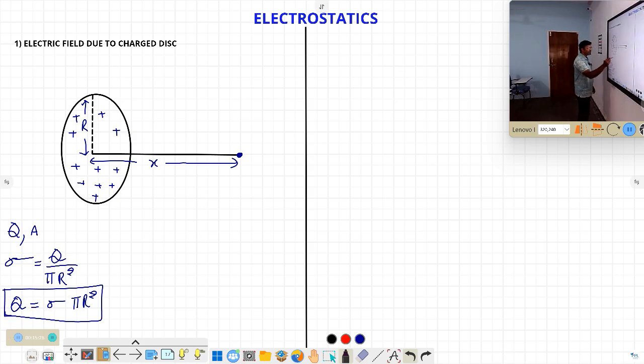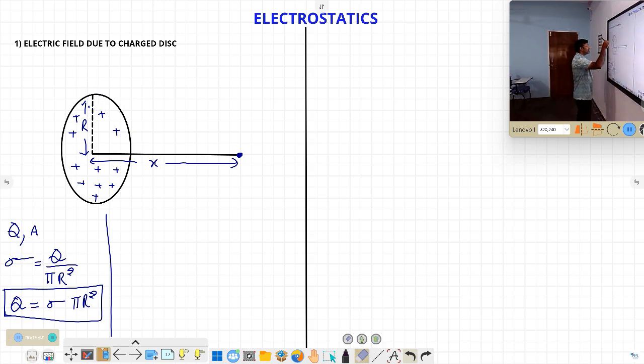Now after getting the charge on the disk, choose an elementary portion anywhere. I chose this elementary portion here, of length dl. Sorry, it is not a ring, it is a disk, so we should not take that concept of elementary portion.